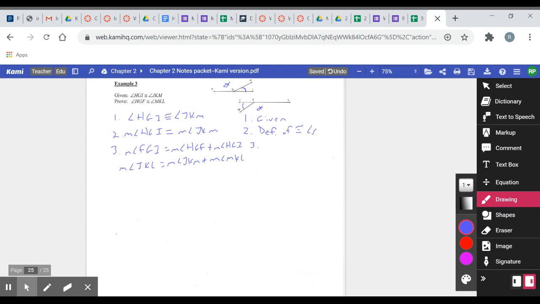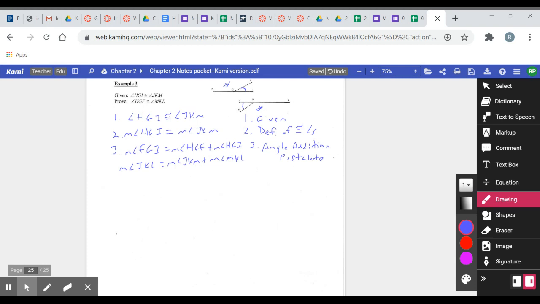And that is using the angle addition postulate. Again, the two little angles have to add up to the big angle, and also make sure that if you're naming angles with three letters, the middle letter is the vertex.